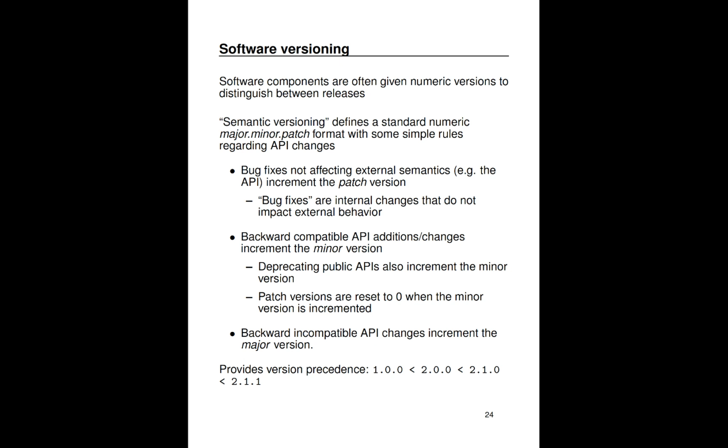That's a good motivation for incrementing the minor version. And of course, when the minor version is incremented, the patch version reverts back to 0. So you go from version 4.1.1 to version 4.2.0.